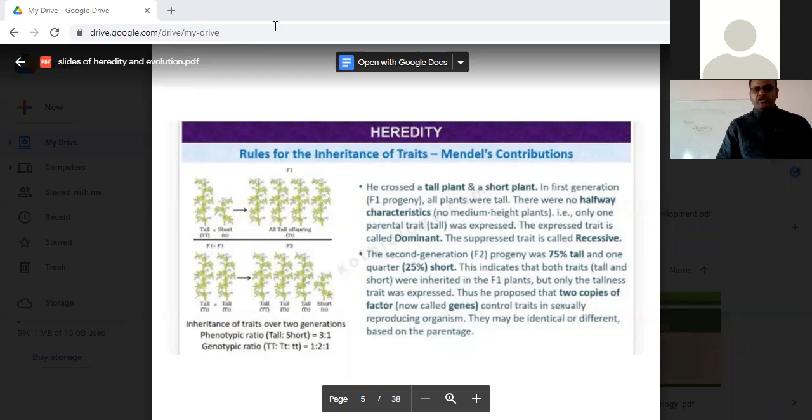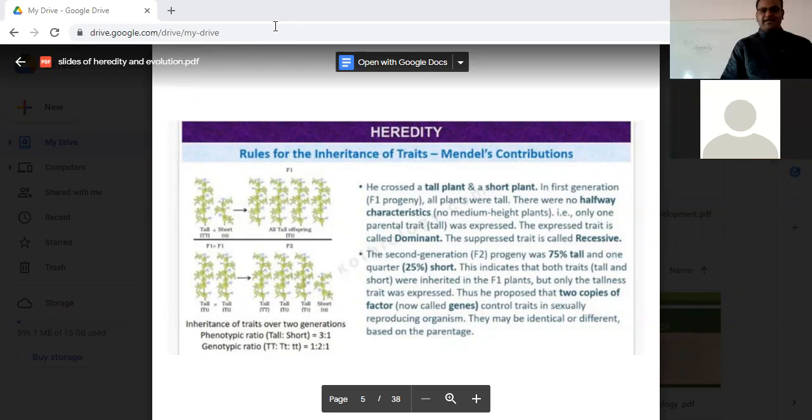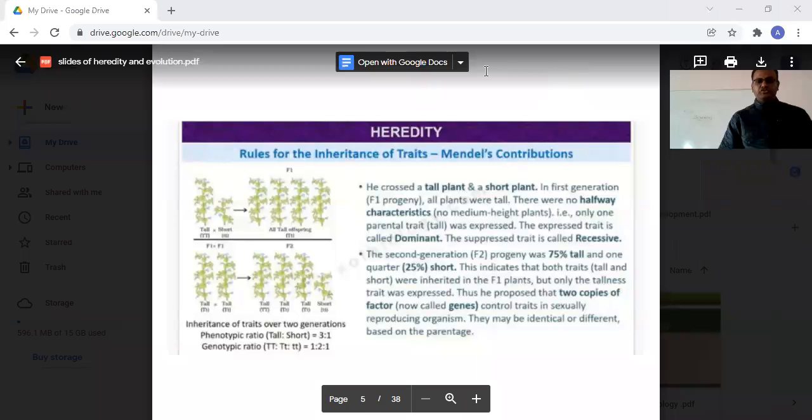Now, can anyone say what we mean by this term contrasting character? He said that a monohybrid cross is a cross involving a single pair of contrasting characters. So what do we mean by this term contrasting? For answering, you must raise your hand so that I can unmute you.